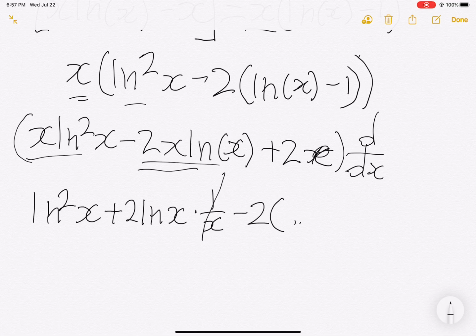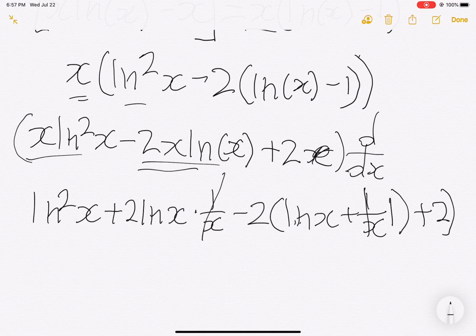So we take the derivative of that, so we get ln of x, and then we take the derivative of that, we get plus 1 over x. Oh, this isn't going well. X, so this becomes 1. Oh, this is going just fine, right? Plus 2, and that's our derivative.